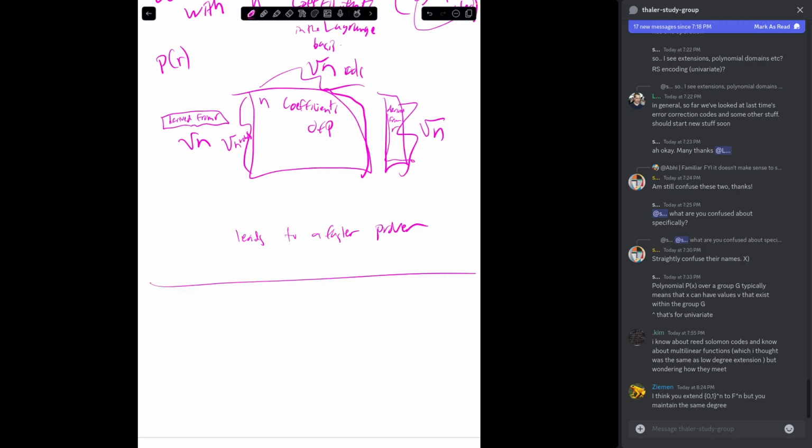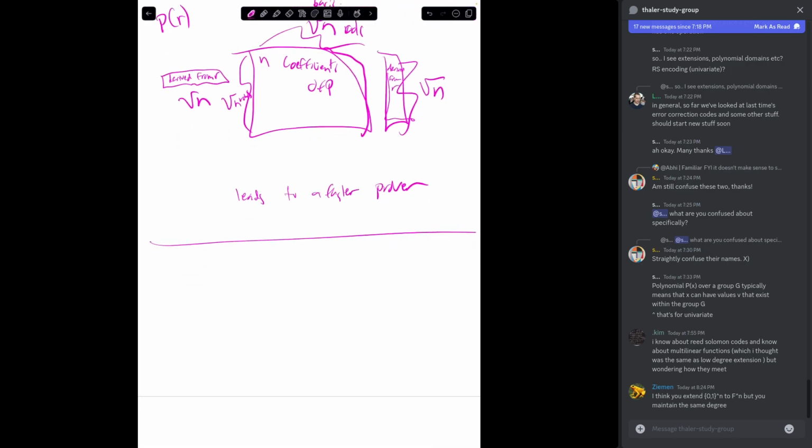what's going on is, if P is univariate, you can always write P of R as the inner product between the coefficients of P and some other vector, which in the standard monomial basis would just be the powers of R. That's the standard monomial basis.